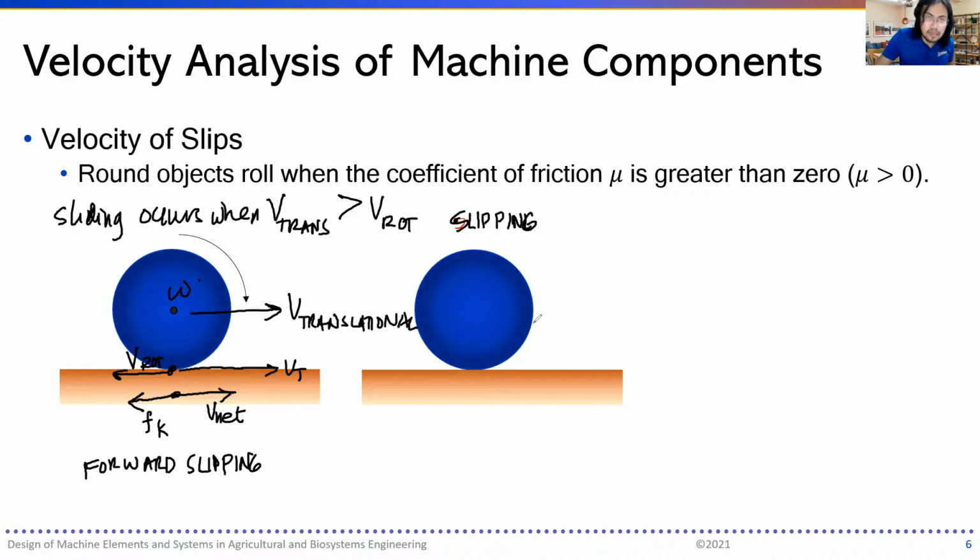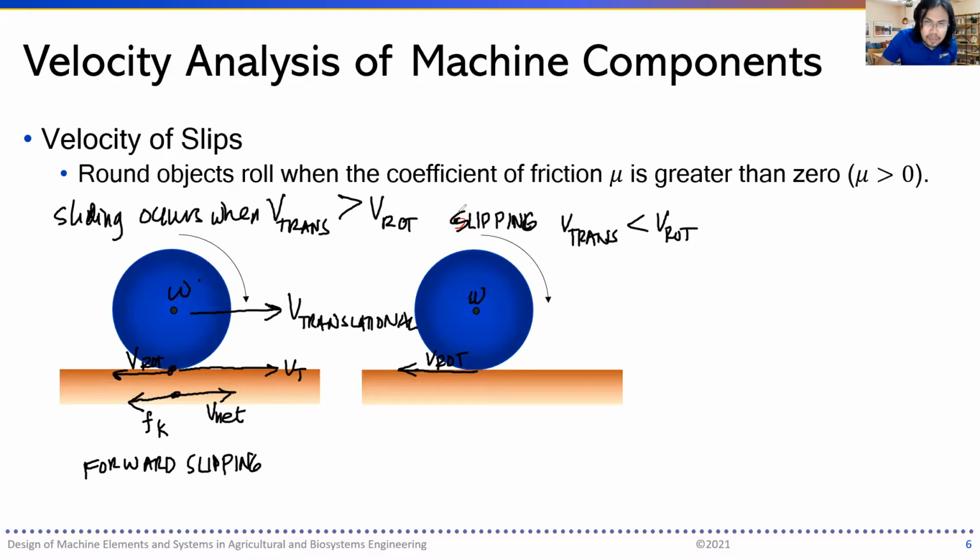This of course happens when your v trans is less than the v rot. How's that going to happen? Your rotational could be very big compared to your translational. So same w here.